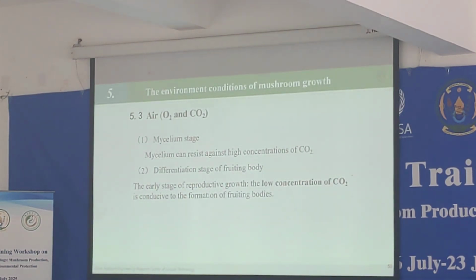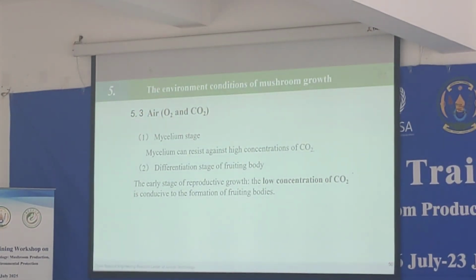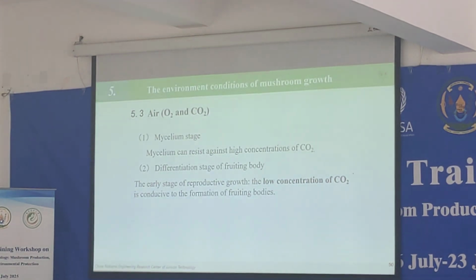If the carbon dioxide is too high, the fruiting body is abnormal. It grows tall and long and soft, but with no cap. For the normal mushroom, we need a short stem and a big cap. That's what we want. But if the oxygen is little, it's a problem. The quality will go down.